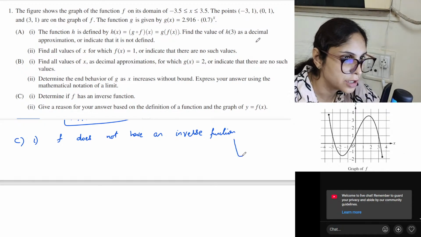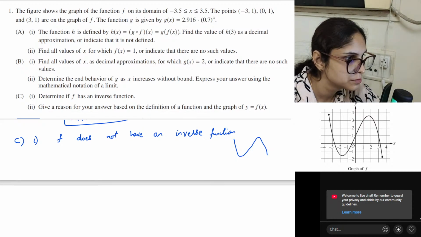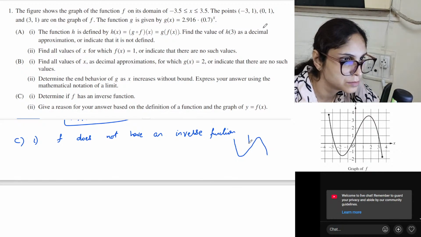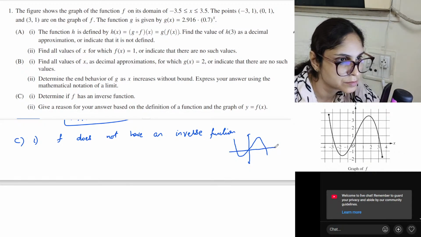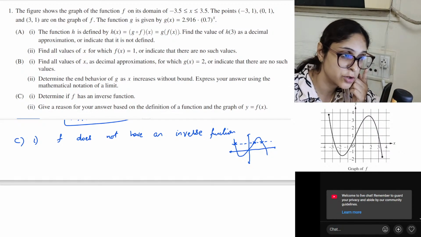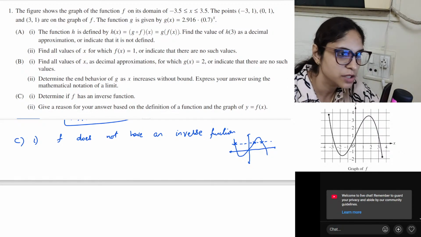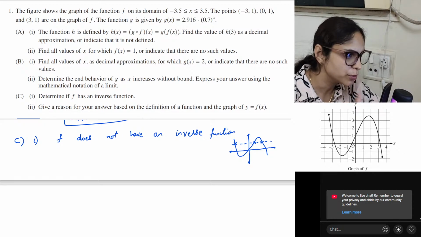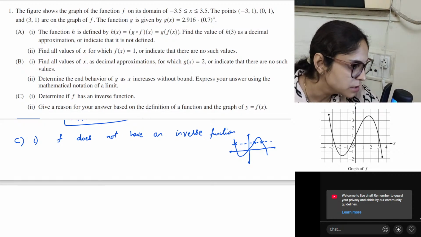Because when you look at the graph, when you make horizontal line, it is meeting at several points. So it fails the horizontal line test. That is why it cannot have an inverse. You just want to determine. So first part is done.